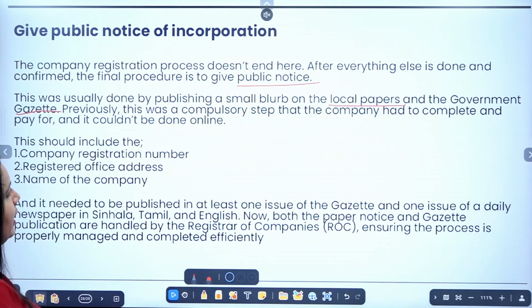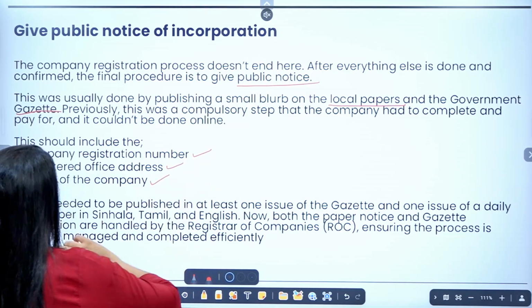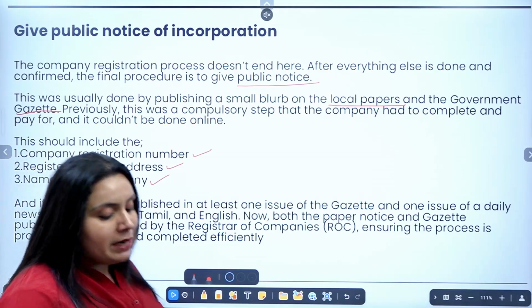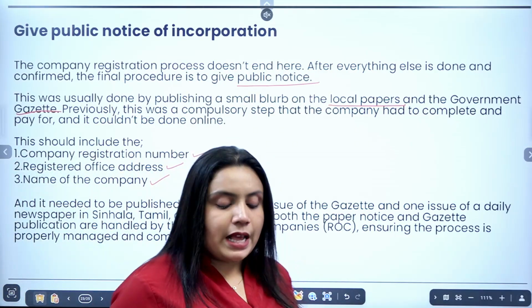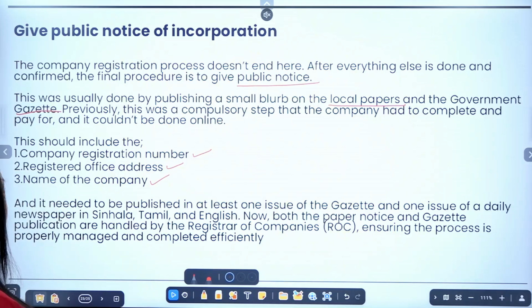In the newspaper and the government gazette, these are the things that you have to put forward. The company's registration number, the registered office, and the name of the company had to be publicized. All right. So earlier, the company had to include in the local newspaper and the government gazette the company's registration number, registered office address, and the name of the company.